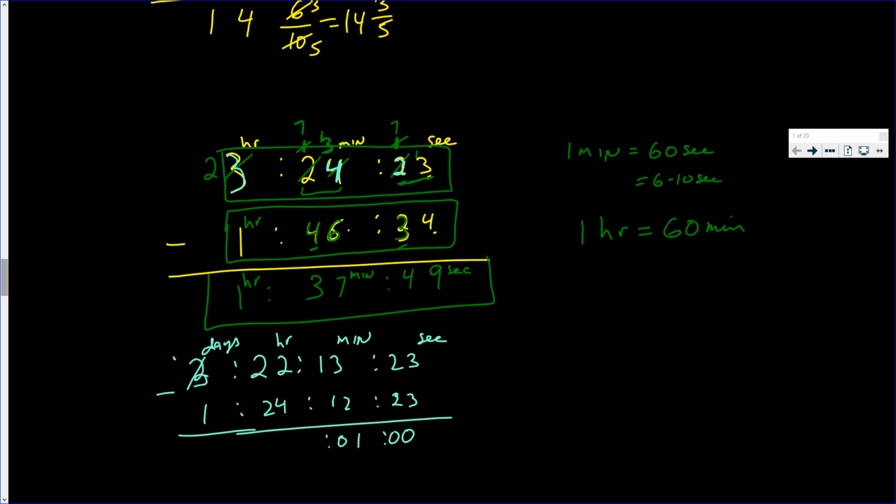Make this 2 days, and then take the 22 hours that you do have, and then add 24 hours to it, which is 1 day. So now this number is 46. 6 minus 4, 4 minus 2, 2 minus 1. You have 1 day, 24 hours, 1 minute, 0 seconds.